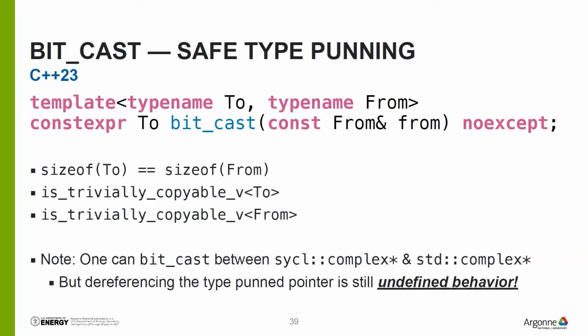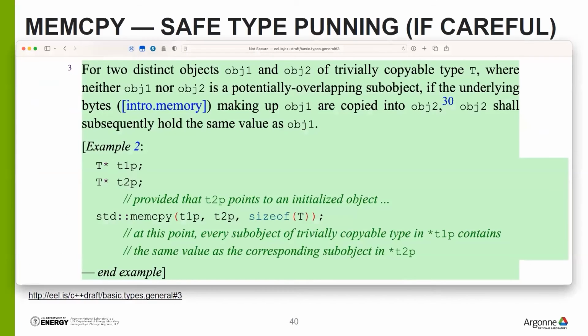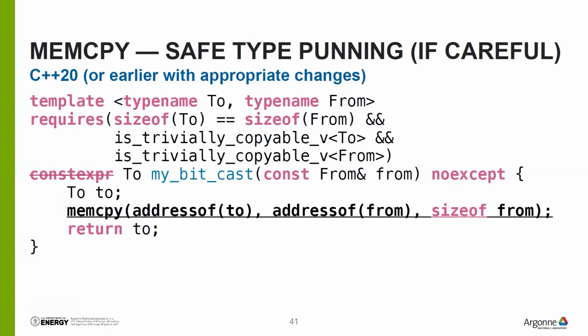Even if you pretend it's that, as soon as you dereference it, you're back hitting undefined behavior. And the reason you get this is memcpy and memmove are blessed basically to be C compatible to allow this. If you're not using C++ 23, you can write your own bitcast, except you can't make it constexpr. That actually requires language support.